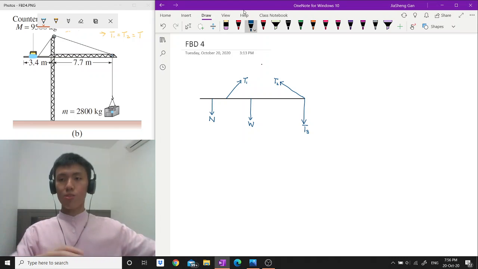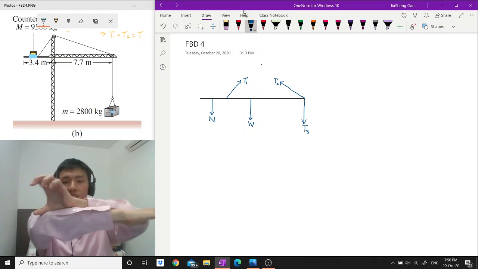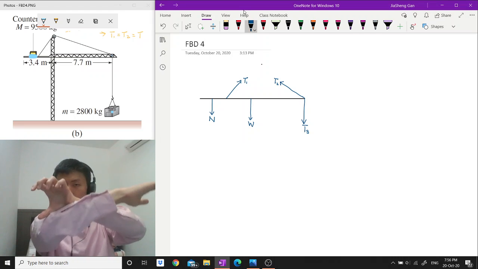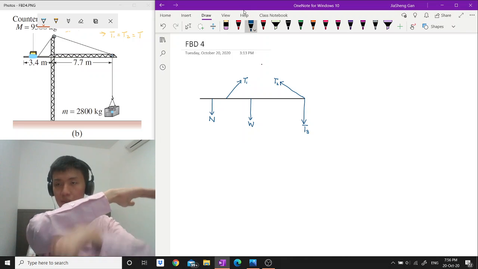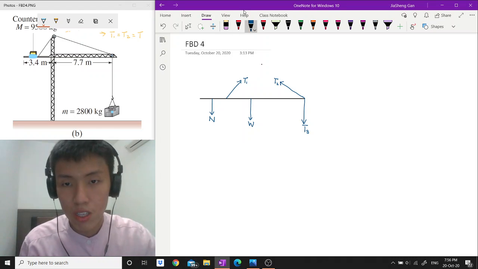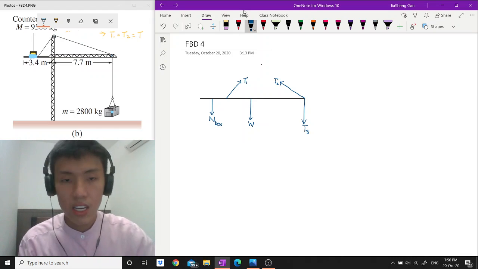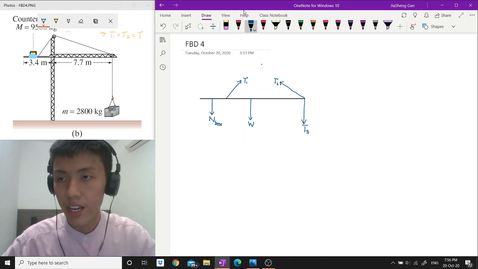It's pressing on the bar, which means it's pushing it downwards. So this normal is the normal due to the box. So I believe that's it for the free body diagram.